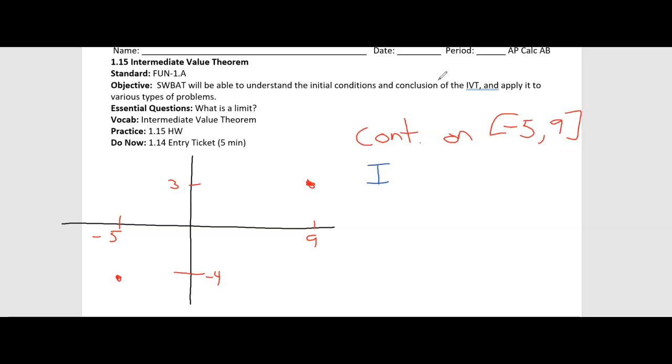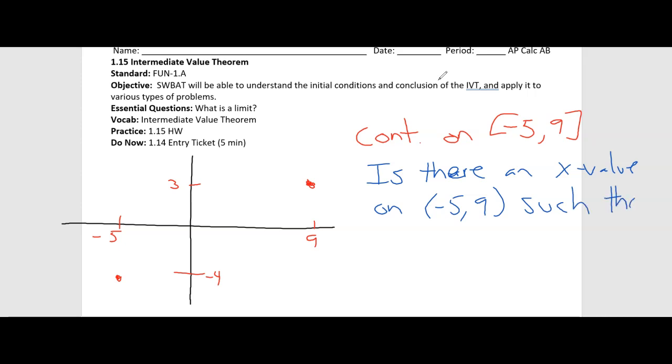So, is there an x value on -5 to 9 such that y is equal to +1?